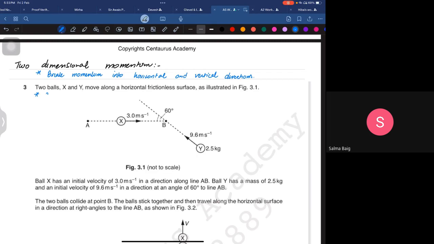Then apply the law of conservation of momentum in both the directions separately. All right, kids?